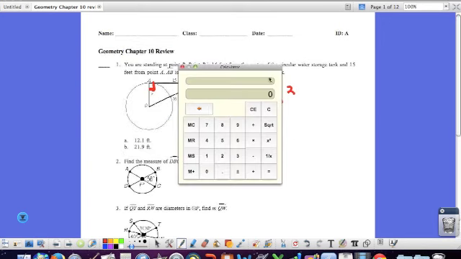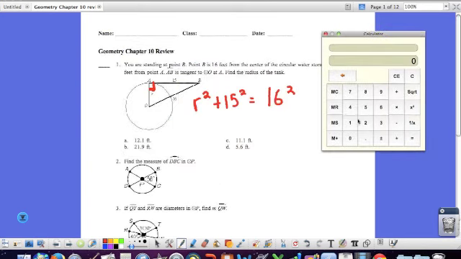Radius squared is radius squared. 15 squared is 225. 16 squared is 256. 256 minus 225 is 31.